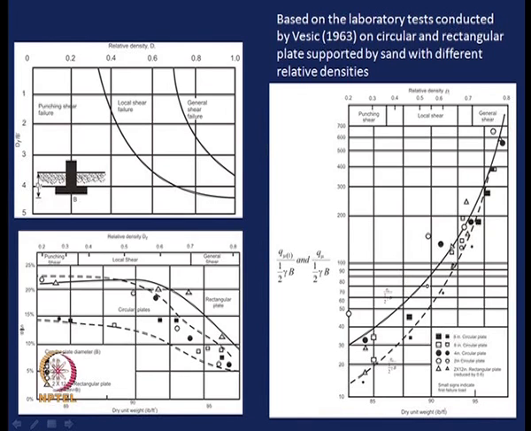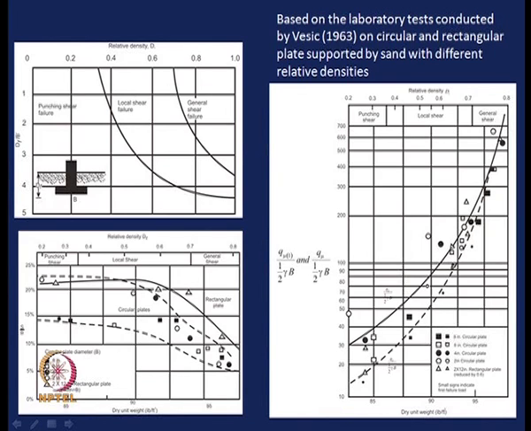If the relative density is 20% and Df by B star is 2, then this is punching shear failure. Based on these results, another plot is presented. This is for relative density, this is dry unit weight, and this is the settlement divided by B, where B is the width of the foundation and this is the settlement of the foundation at failure.